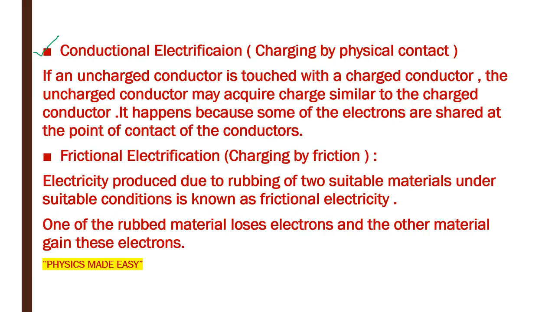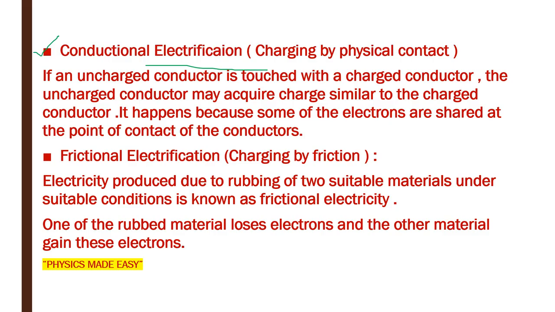For example, we take the case if the disc of an uncharged electroscope is touched by a negatively charged rod, then what kind of charge gets transferred to the electroscope? That answer can be obtained from the method of conductional electrification.